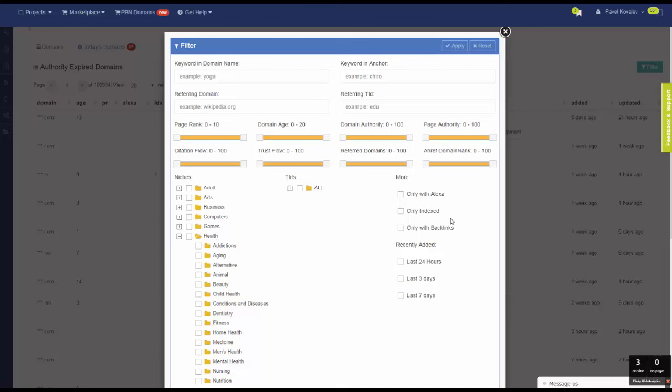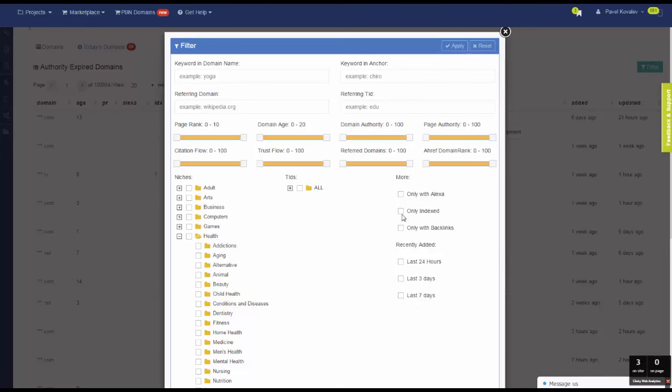Of course, if you see that a domain is still indexed in Google, it means it's good. But you don't expect a lot of domains to be indexed if they dropped too long ago. You can filter domains with backlinks only, or based on the time they were added: last 24 hours, last 3 days or 7 days.